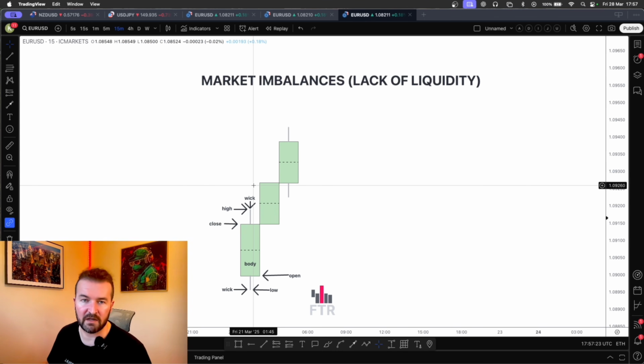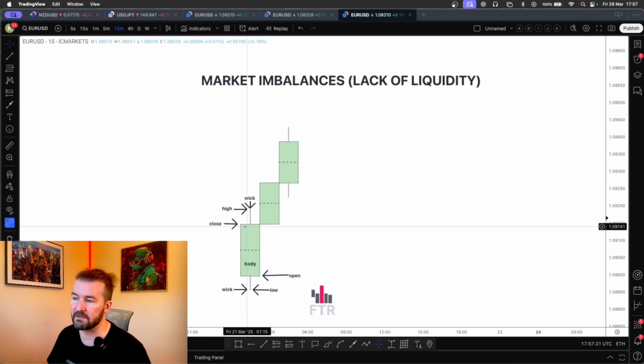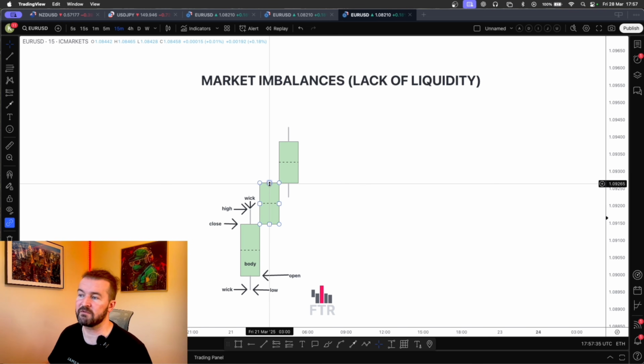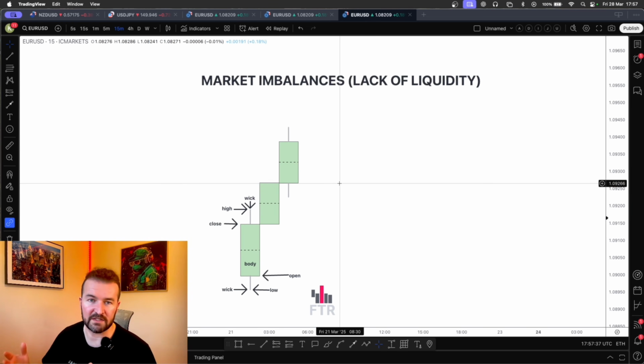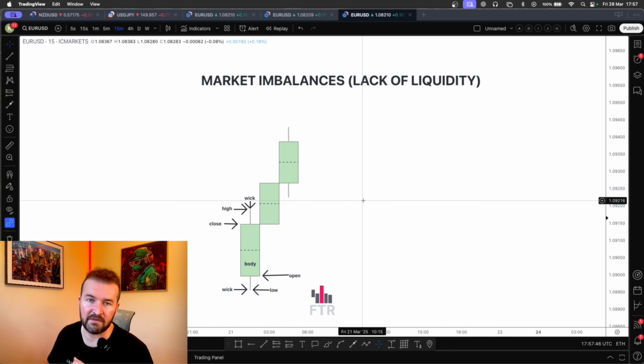In the structure of a market imbalance, you'll have a second candle which forms and continues in the same direction as where that candle had closed. So this candle had closed here, we'd reached this high over here, and we've just drawn this on with no wicks either side. When this candle formed, it started off as a little line, and then it just grew and grew, and it closed there at the end of that 15 minutes.